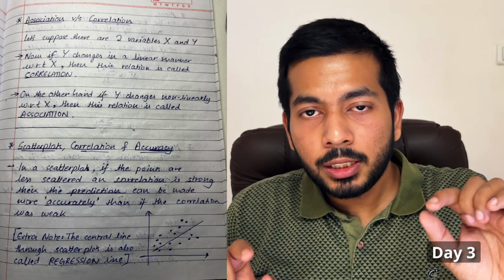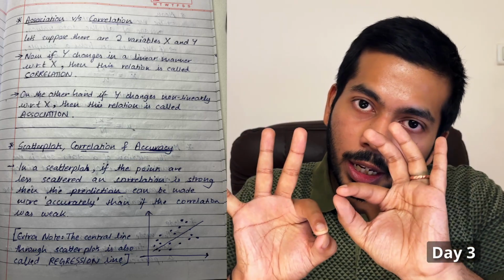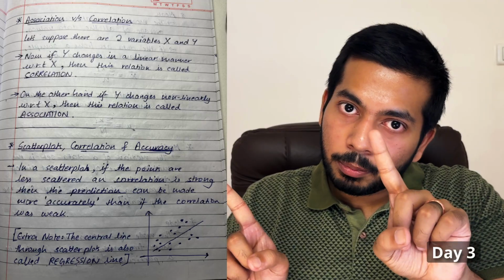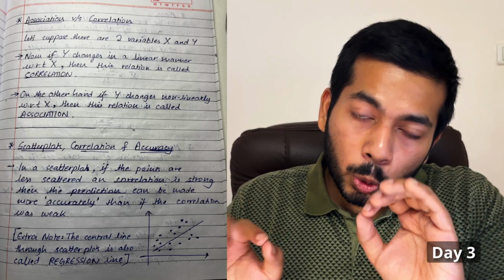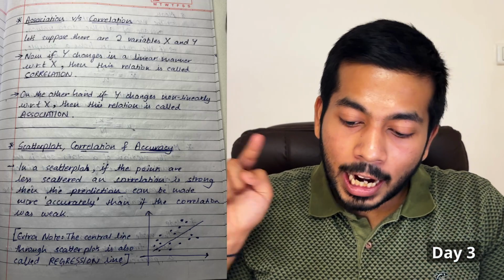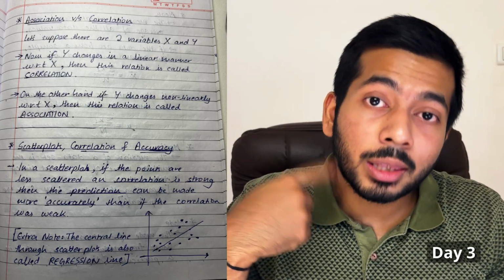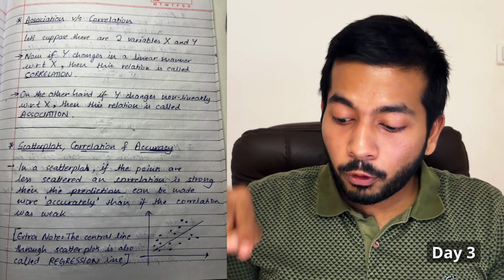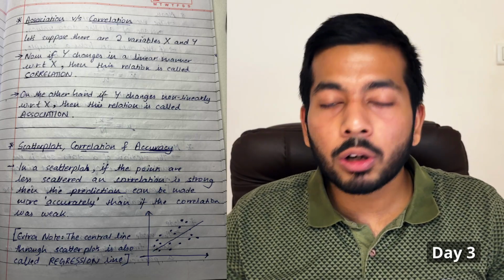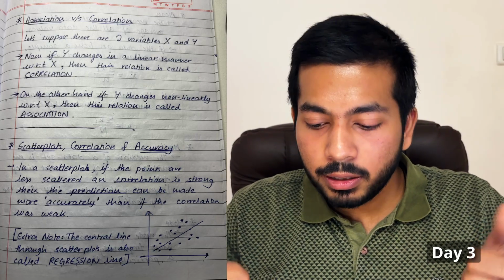Now, the more cohesive these points are, that is, the closer they are to the line that you see in between, that would mean the correlation is stronger, which would mean that the prediction that we make will be stronger for the next point that we plot on this graph. Make sense?